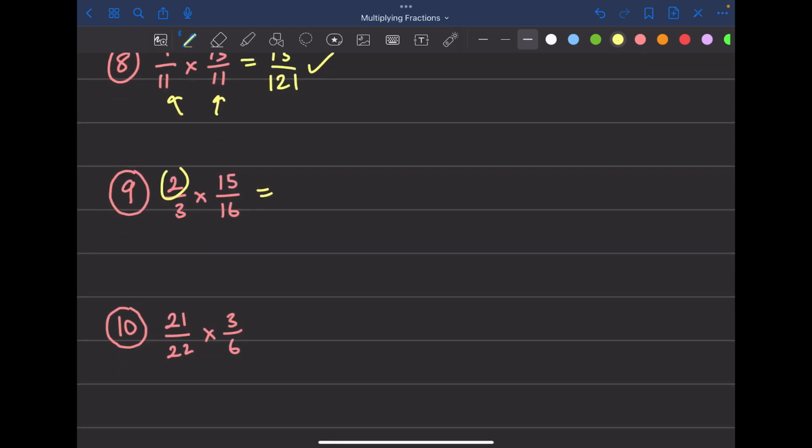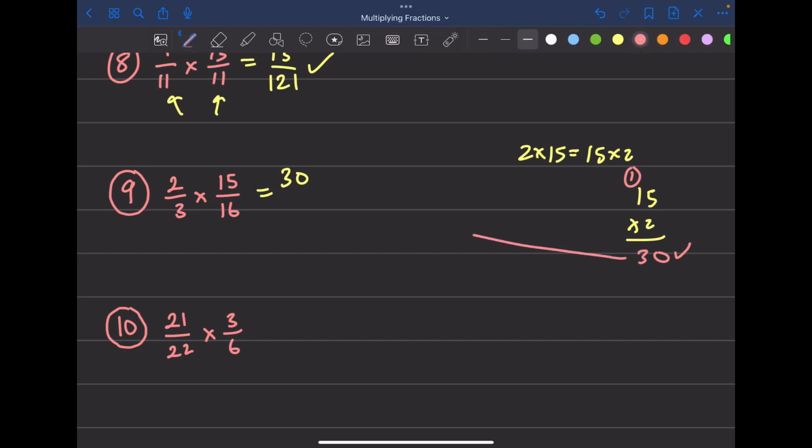Question number 9. 2 times 15 is 30. This one might be a bit difficult, but let's do it on the side again. 2 times 15 is the exact same as 15 times 2. First we do 2 times 5, which is 10. So put the 0 down, 1 on top. And then 2 times 1 is 2, plus 1 is 3. So 30.